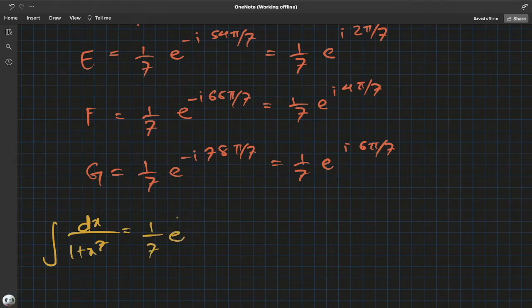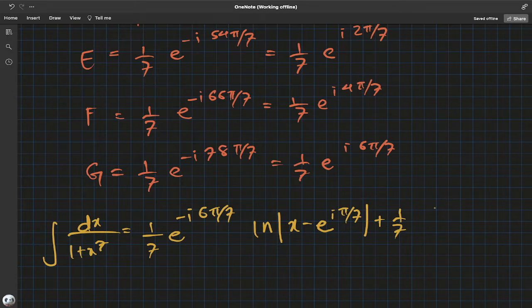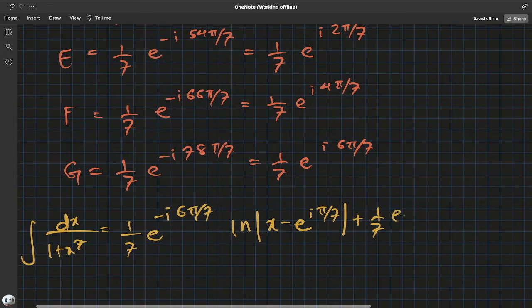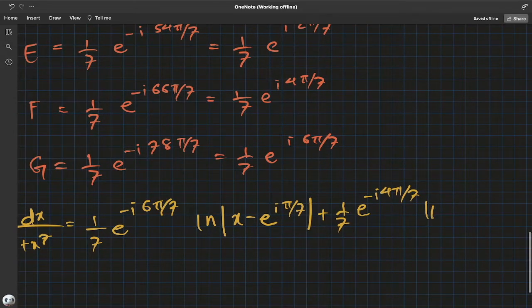So for A, we have the first factor of 6 pi over 7, natural log absolute value of x minus e to the i pi over 7, plus 1/7, I believe e to the negative i 4 pi over 7 as the B factor, with the natural log of x minus e to the i 3 pi over 7.